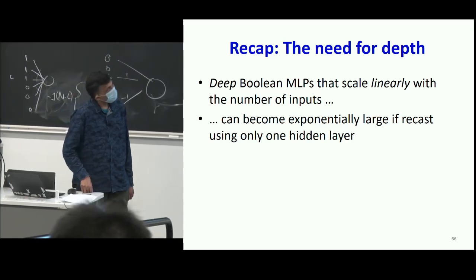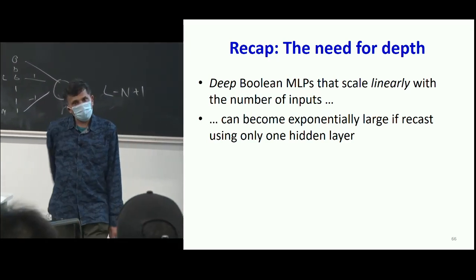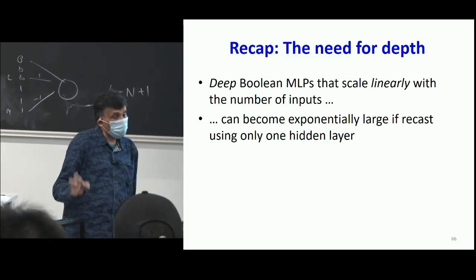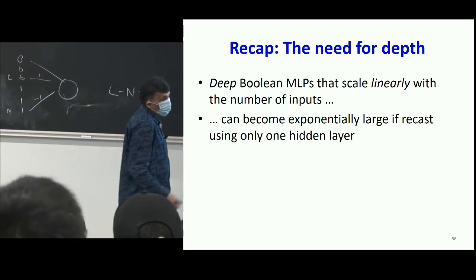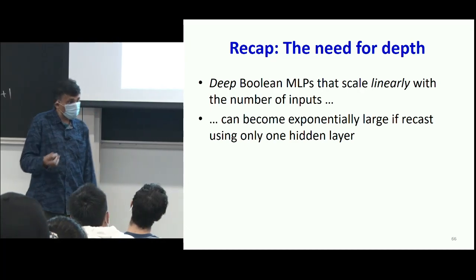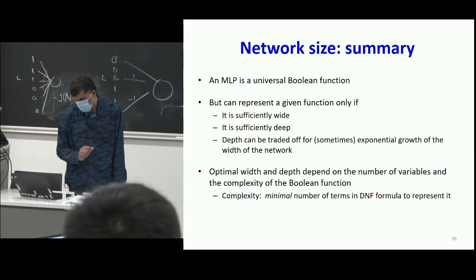And so deep Boolean MLPs that scale linearly in size with the number of neurons can become exponentially large if recast using only one or even a fixed number of hidden layers. That's why we need depth. And so here's a summary.